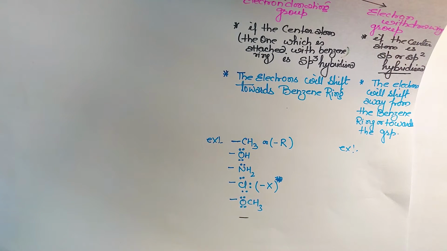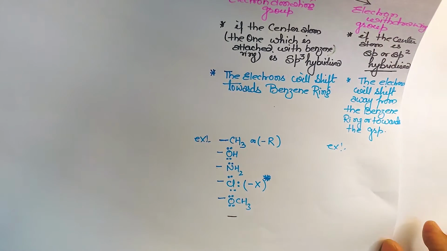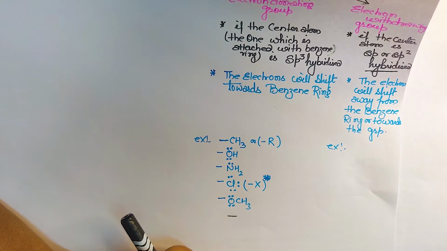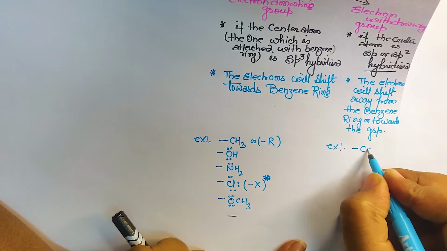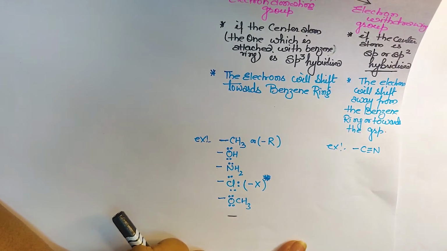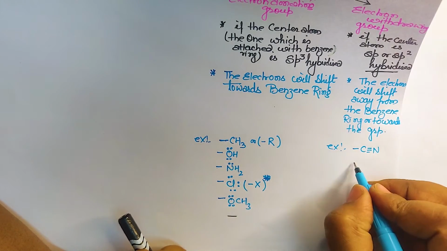Let's do some examples of withdrawing groups. What I said, the atom with which it is going to attach, that will have either a double bond or a triple bond. Only then will it be sp2 or sp hybridized, isn't it? So let's do the first example. Isn't it? Yes or no? Another example.